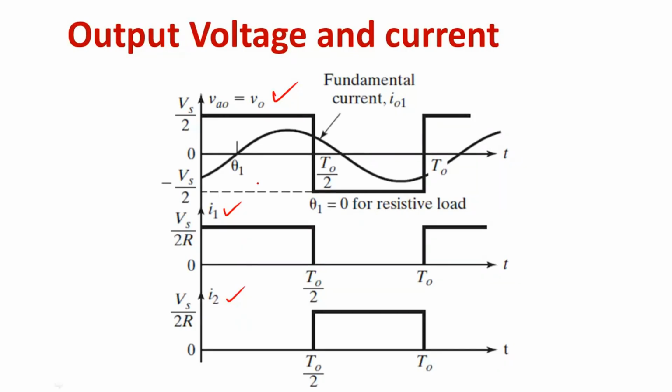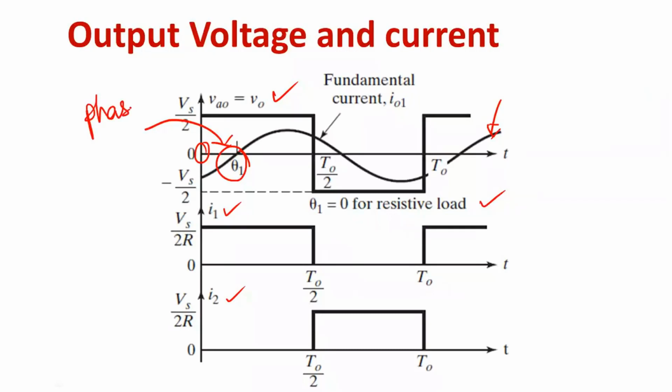This is the fundamental component of the current, that is what we are supposed to get. If the load is resistive, this theta 1 will be 0. This is called the phase delay.